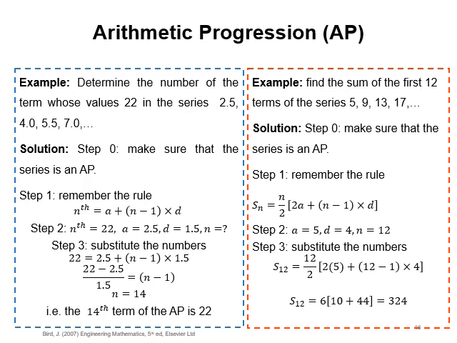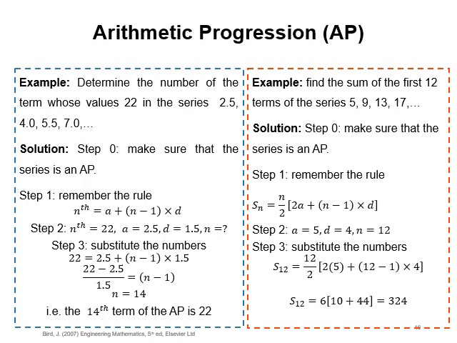And he told me that the term equals 22. I wanted to find its place. I mean, you know that each item has a position or place within the progression and has a value. He told me the value. Now it's the opposite. He asked me to find its position.